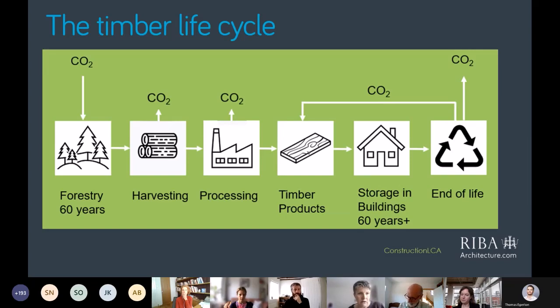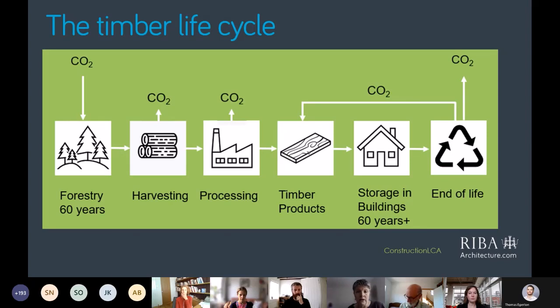So the other material which is often suggested as the solution, particularly to net zero, is timber. So I just wanted to explain a little bit about how we actually look at timber and what it means in terms of net zero. In terms of the timber life cycle, as forests and trees grow, and this is the same for other types of biomass, they sequester carbon out of the atmosphere. And this is a really positive thing.